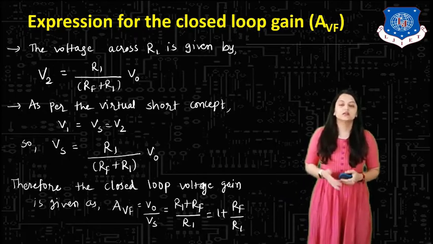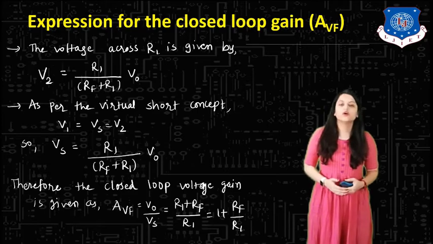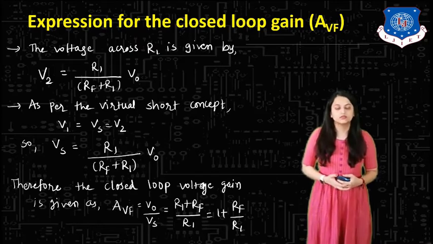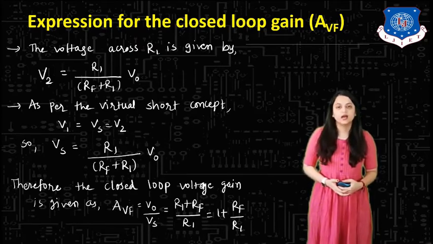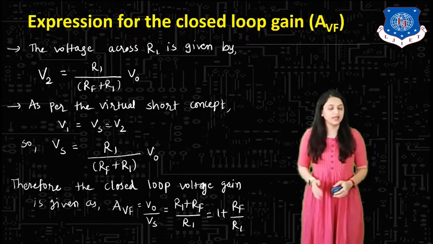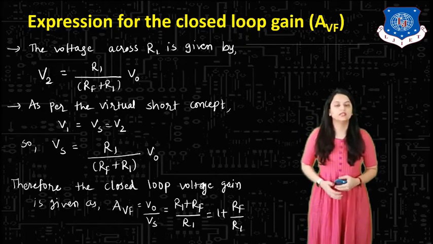So this is the equation of voltage gain with feedback for the non-inverting case, that is 1 plus Rf by R1, where Rf is the feedback resistance and R1 is the input resistance. So remember this formula as well. Here there is no negative sign, which indicates that it is not inverting, without any phase shift.